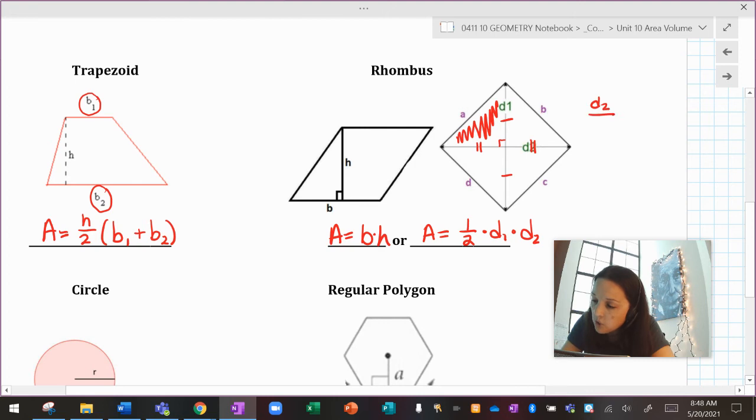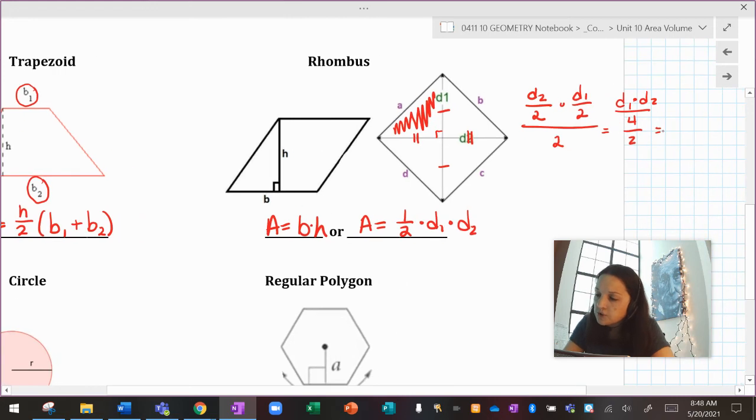Well, the area of that triangle would be base times height divided by 2. My base would be d2 over 2. My height would be d1 over 2. And then if I divide that by 2, I would get d1 times d2 over 4 over 2, which is really d1 times d2 over 8.